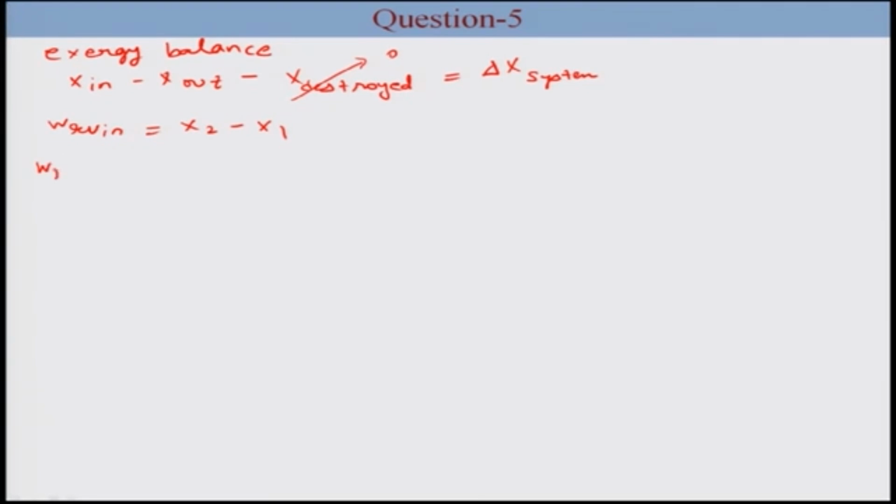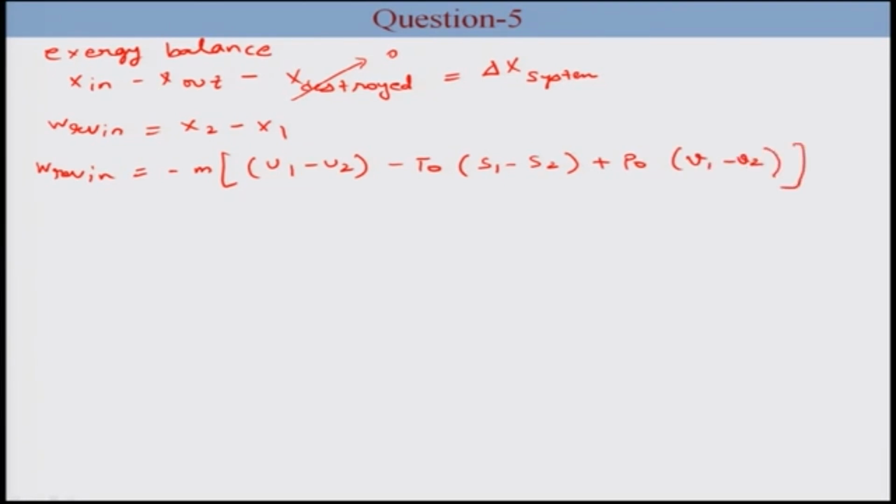So work reversible input is equal to minus m times [U1 minus U2 minus T0 (S1 minus S2) plus P0 (V1 minus V2)].